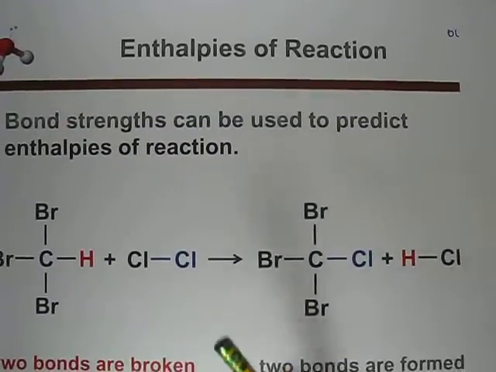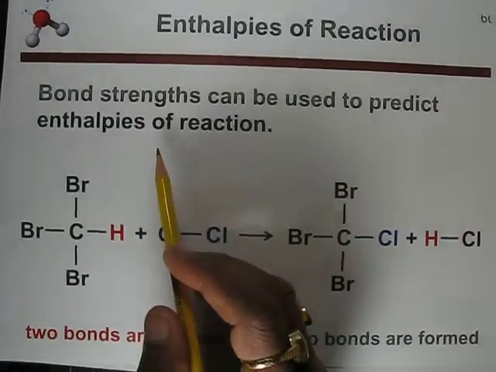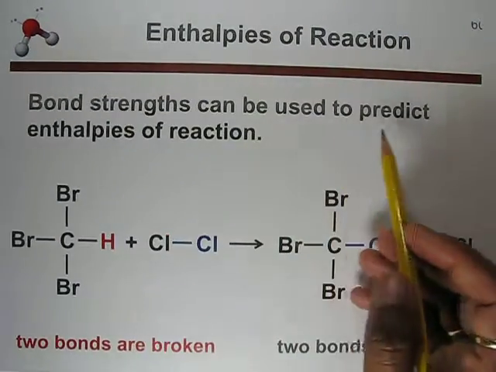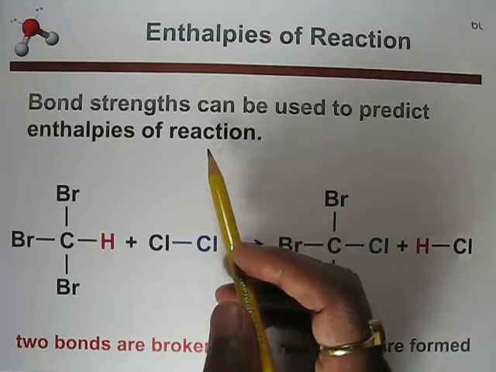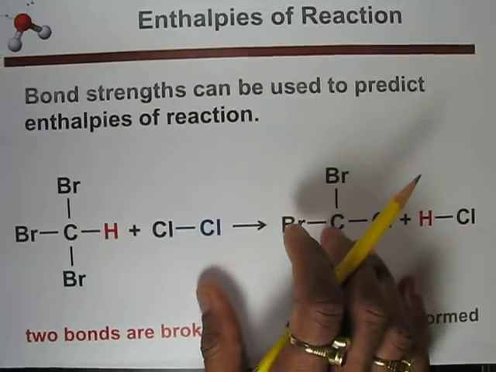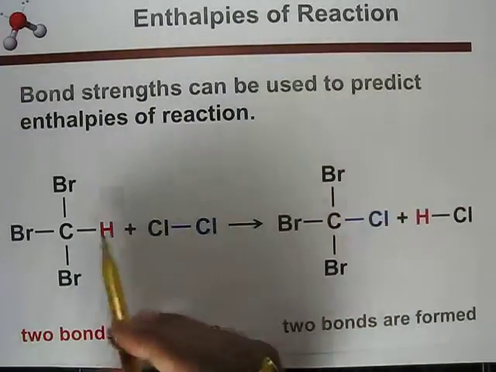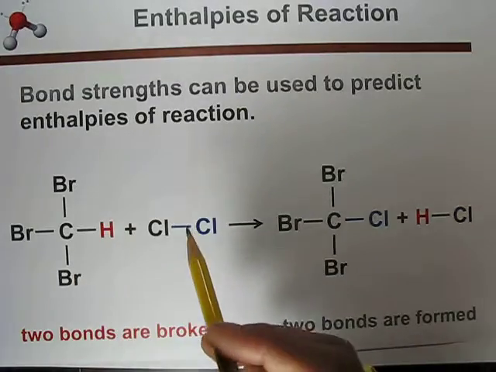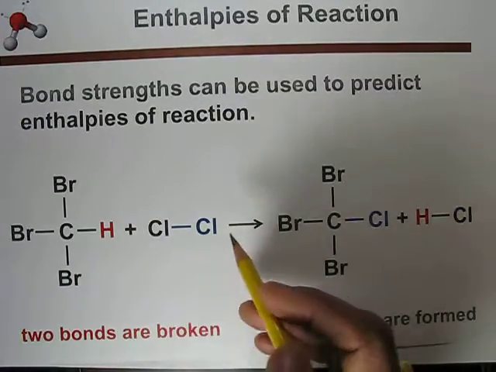And we will see about the enthalpy of the reactions. Bond strength can be used to predict enthalpies of reaction also. As we have seen, single bonds are the weakest and can easily be broken.